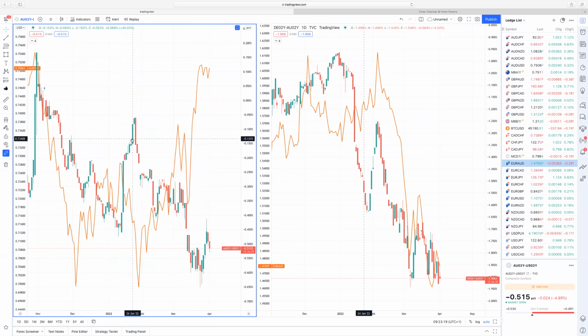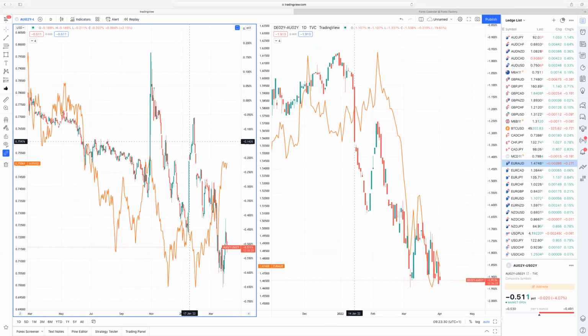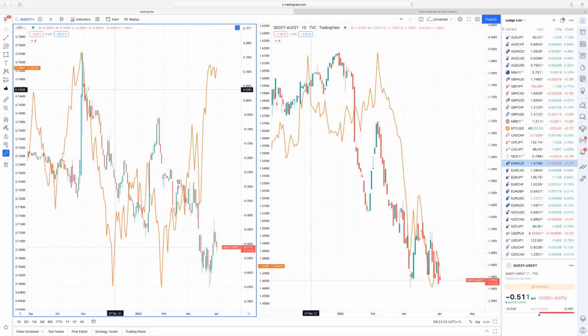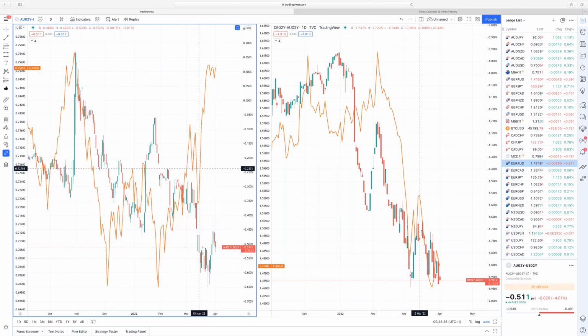The Australian 2-year against the US 2-year yields is telling us that the Australian dollar could possibly come down very soon. Mind you, the correlation in the short term can get a little bit sketchy, but I think what this chart is telling us clearly is that AUD/USD is trading frothy.